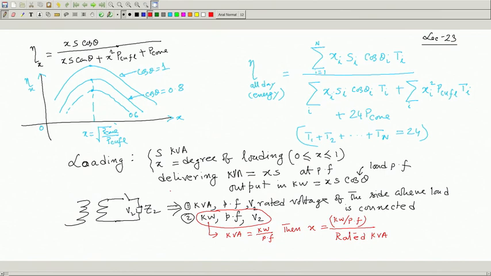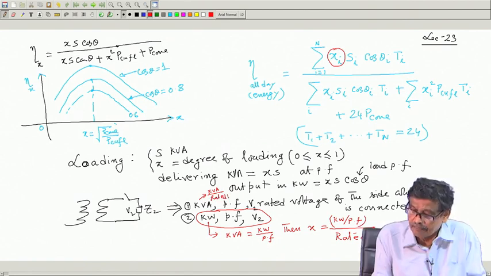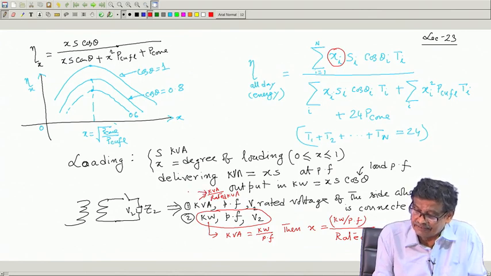In terms of kVA, power factor and degree of loading, this x is to be known. If the load is specified, x will be simply the kVA divided by rated kVA.